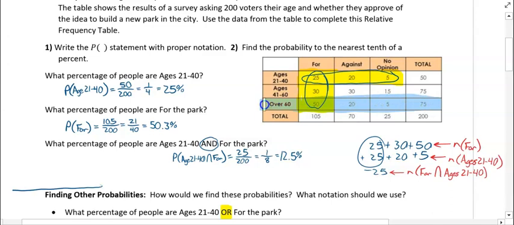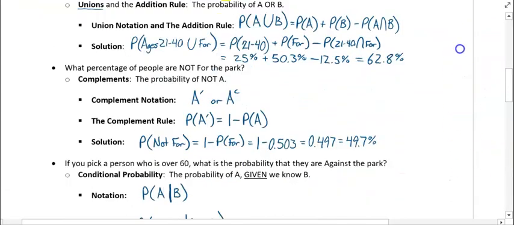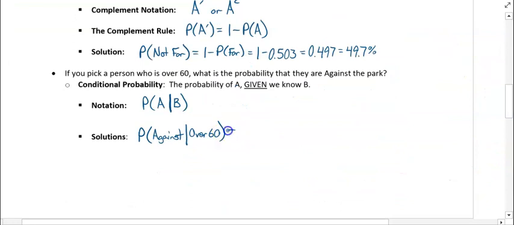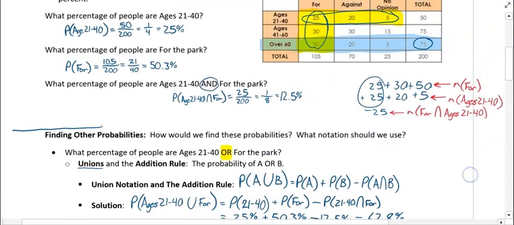Okay, now every other probability that we found so far has been out of the grand total, the 200. This one instead, notice, is going to be out of 75. Okay, so it's only out of the 75 who are over 60. Well, out of that group, how many are against the park?